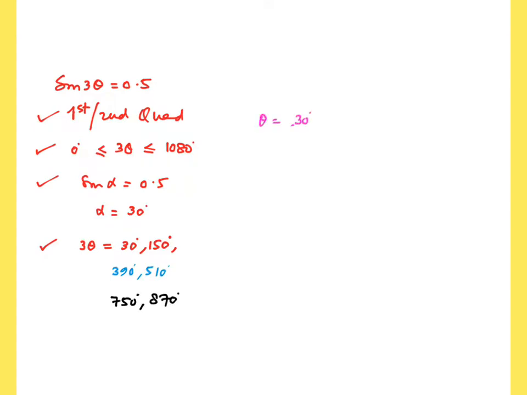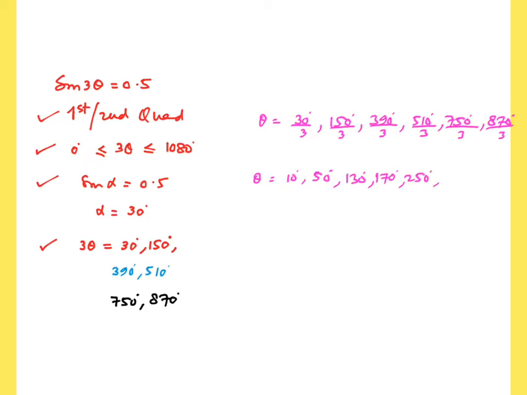Therefore, now there are 6 answers and each answer will be divided by 3. What is the largest value? 870. But 870 is not theta. 870 is 3 theta. Therefore, the largest value is 870 divided by 3. That will come out to be 290 degrees.